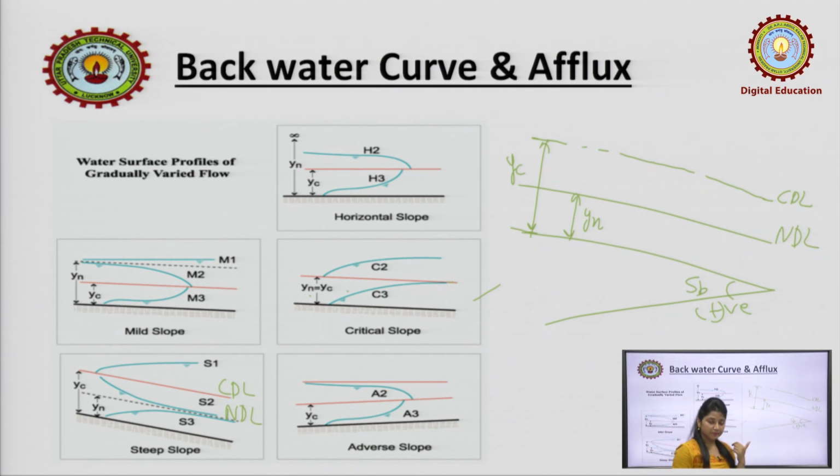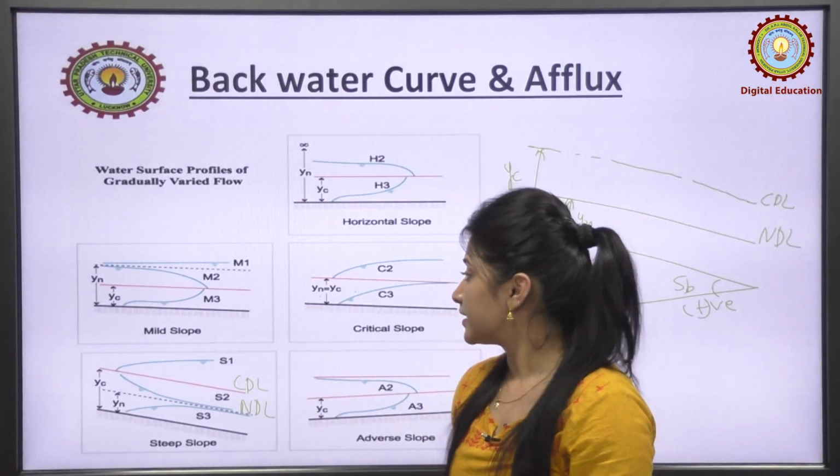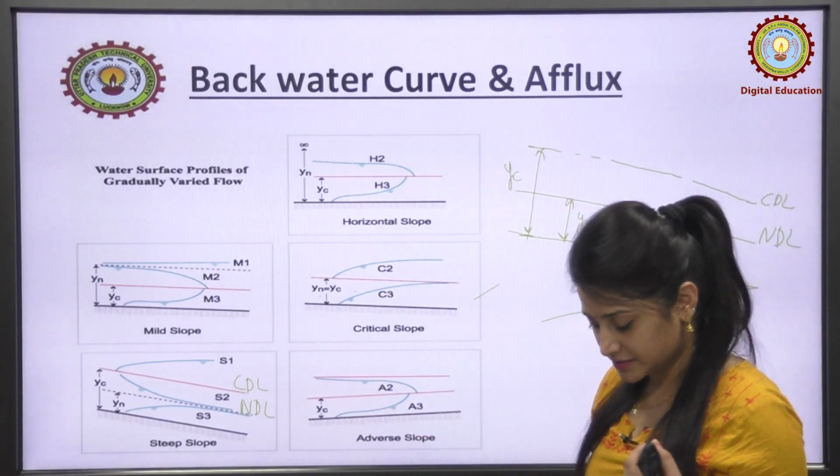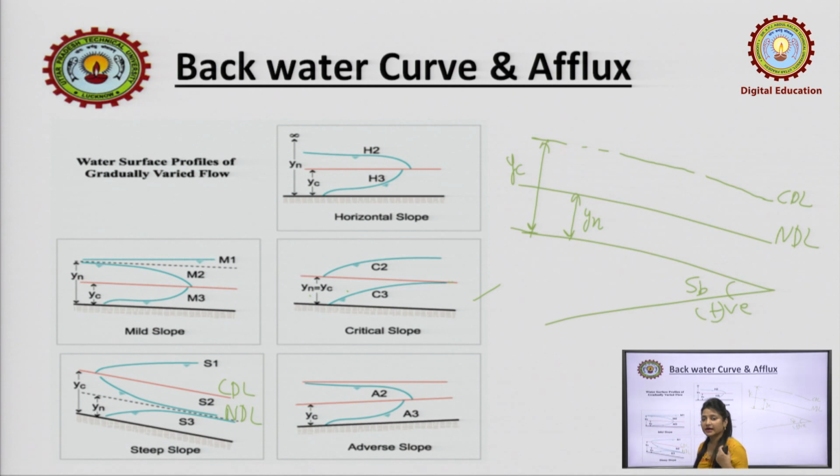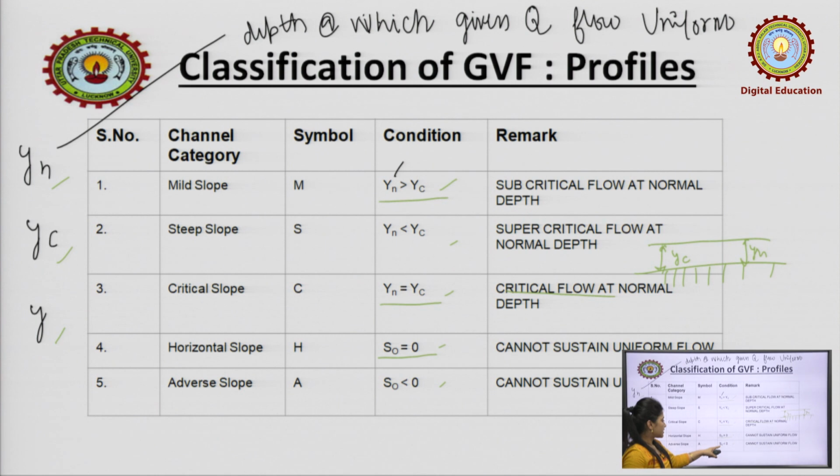And the last one, the fifth categorization, is adverse slope. Adverse means opposite conditions, and opposite slope means what? You will be having slope in negative value. Water needs to flow opposite to gravity, that is S naught is less than 0, or negative.